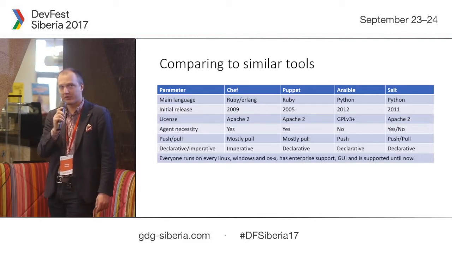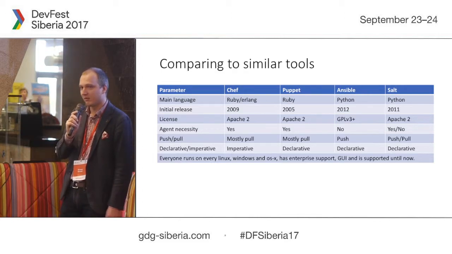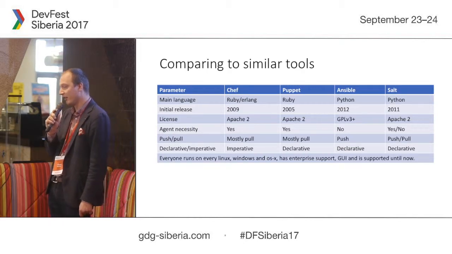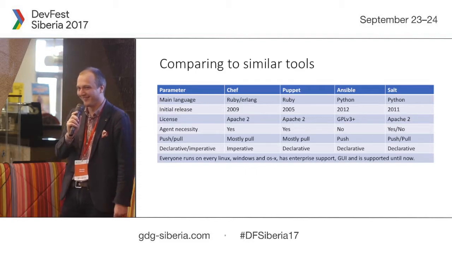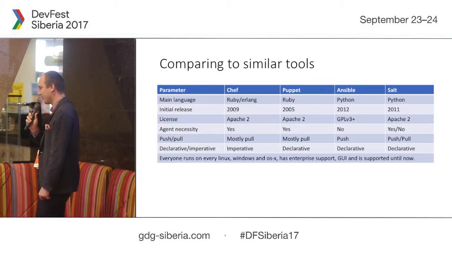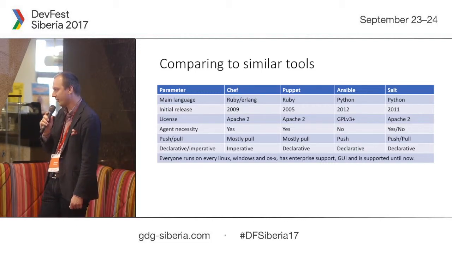Does anyone use some of these tools in production? Chef or Puppet? Ansible? Okay, okay. That's a shame. I think it's a shame to use Chef and Puppet now because they have some disadvantages.